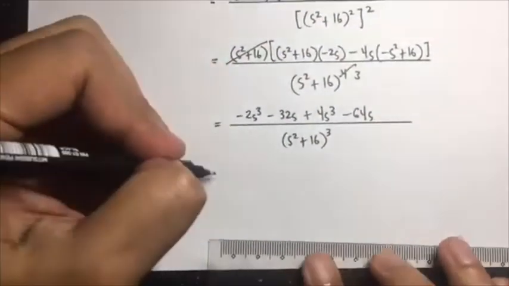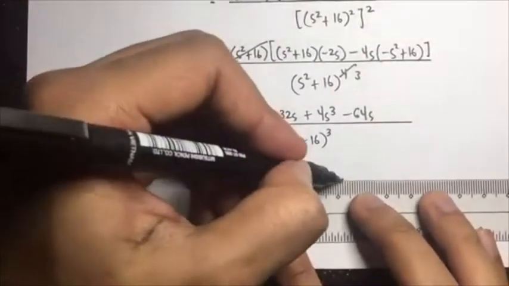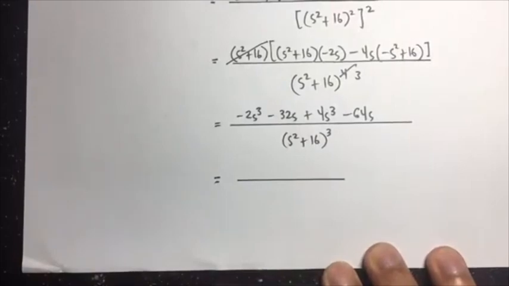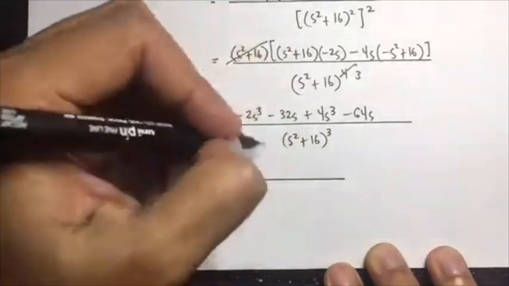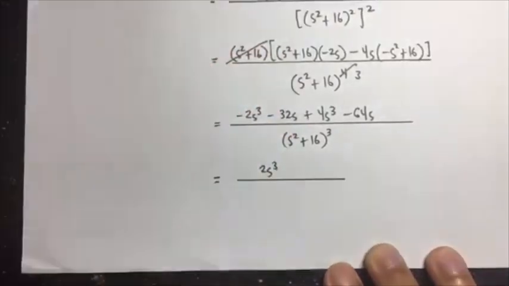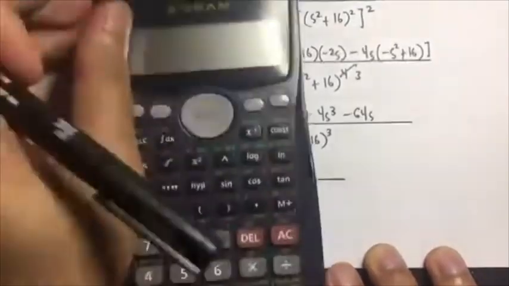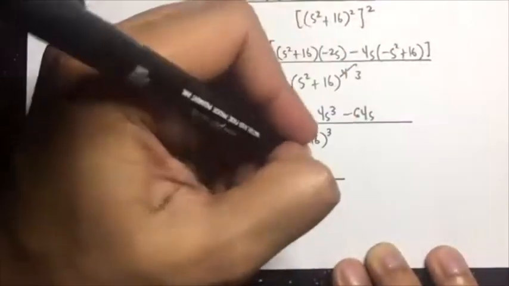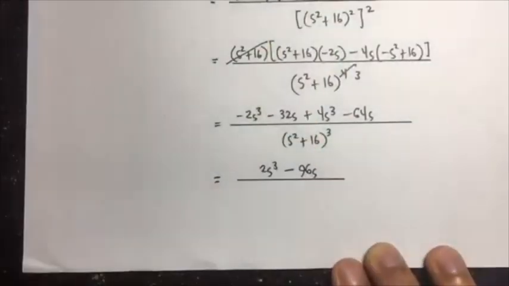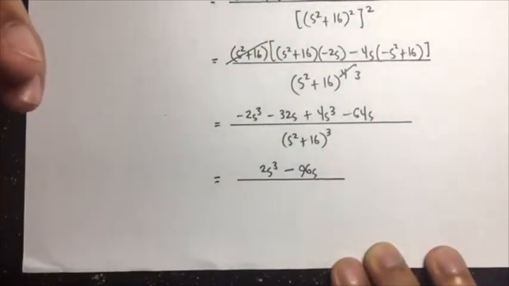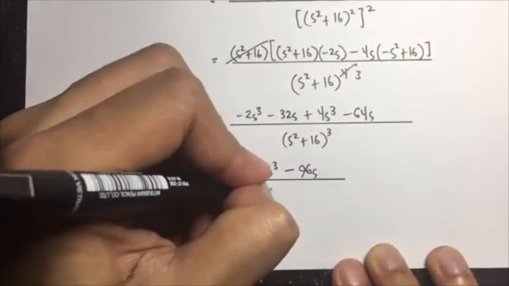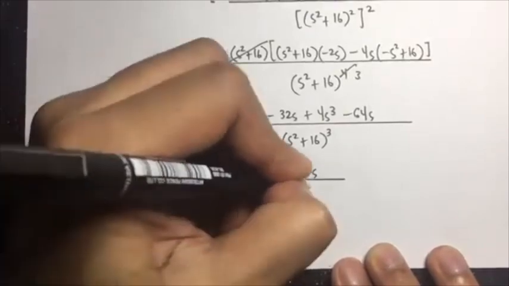Therefore, simplifying, our Laplace transform now is simply 2s cubed minus, 32 plus 64, we have 96, so minus 96s over s squared plus 16 cubed.